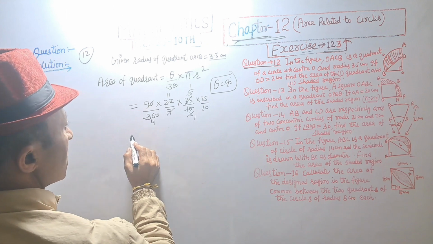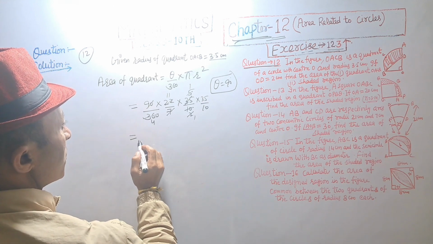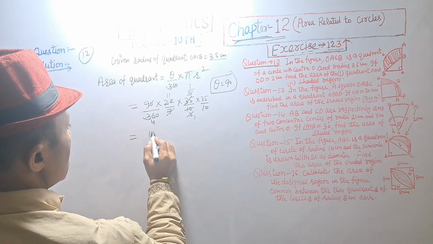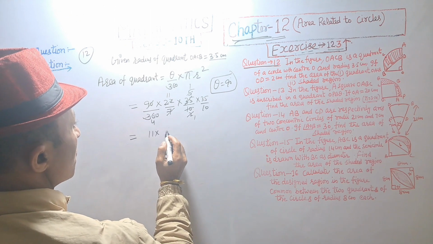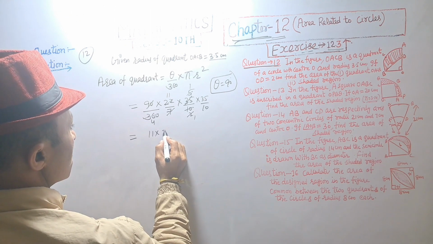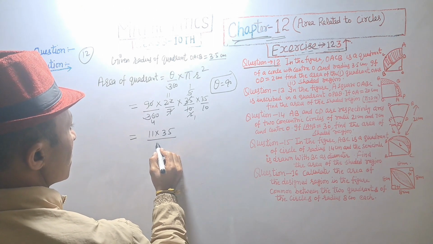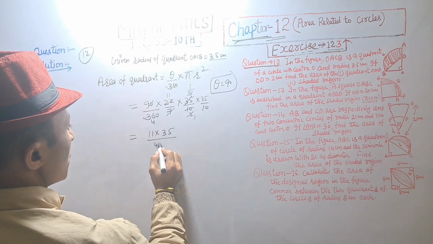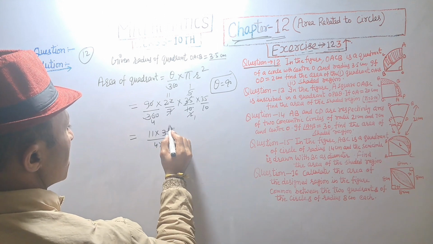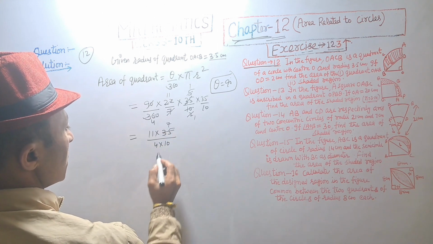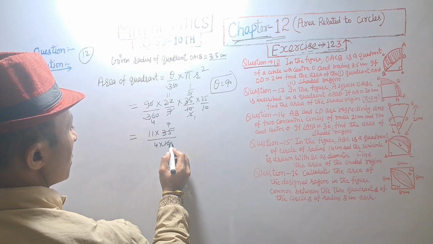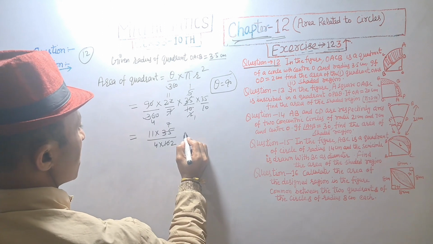And that is equal to 11 into 35 divided by 4 into 10. 7 5s are 35 and 5 2s are 10.